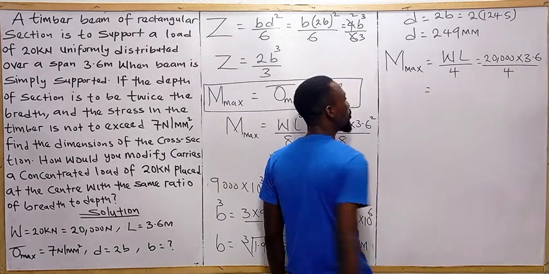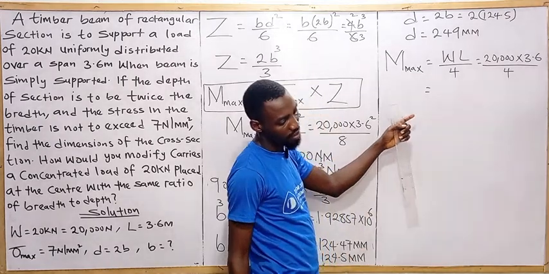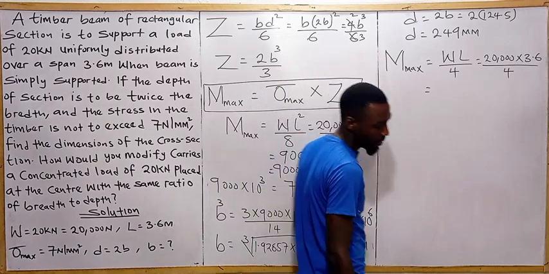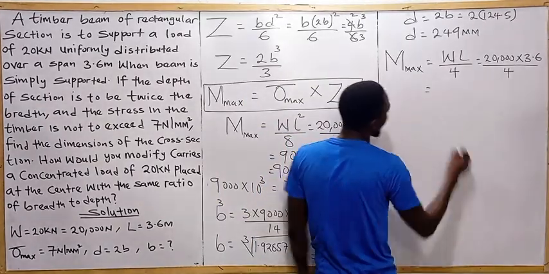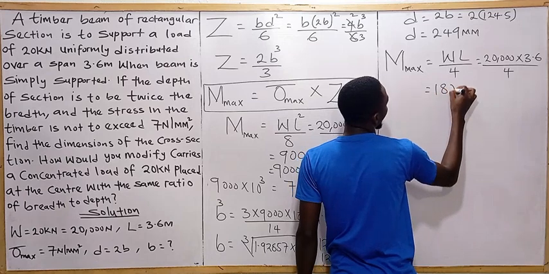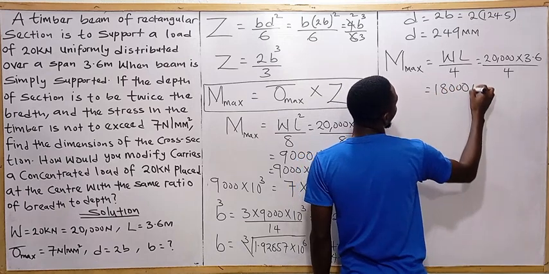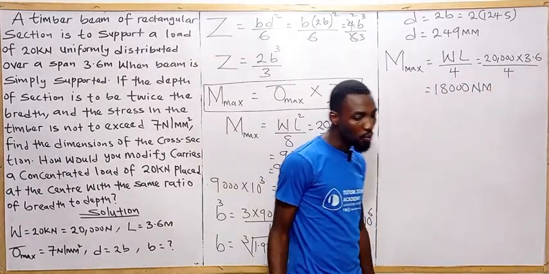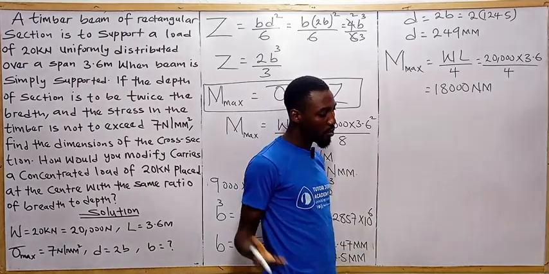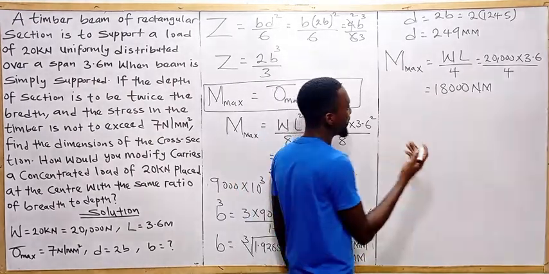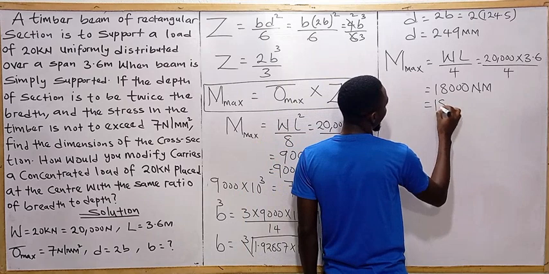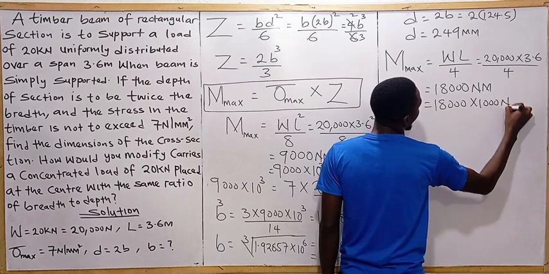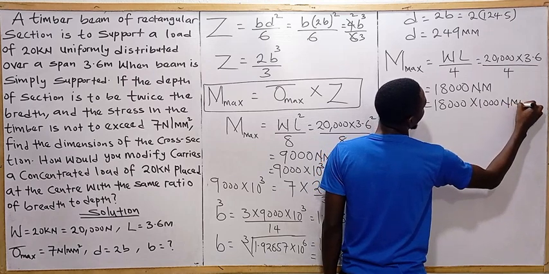If you do that carefully, you are going to have 18,000 Newton meter. Of course, you can take it to mm by multiplying by 1,000, so 18,000 multiplied by 1,000 Newton millimeter.